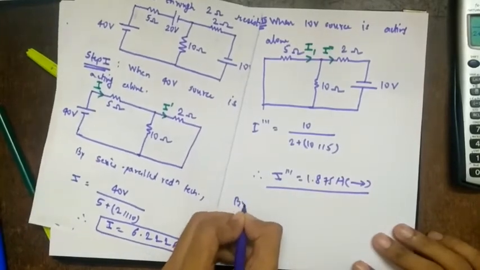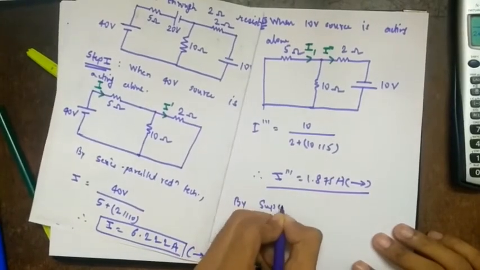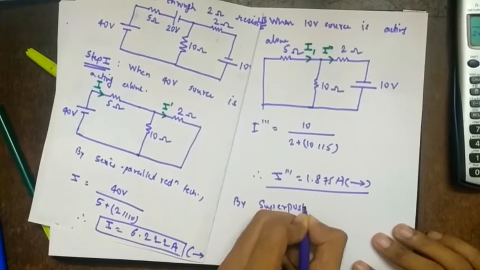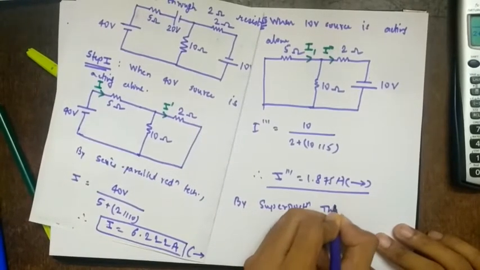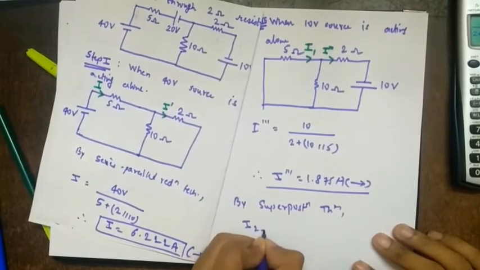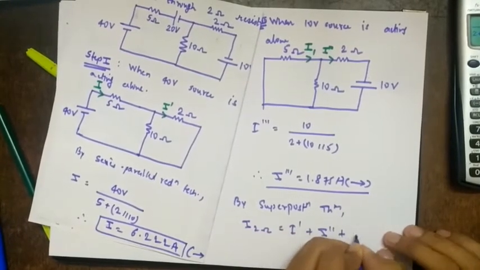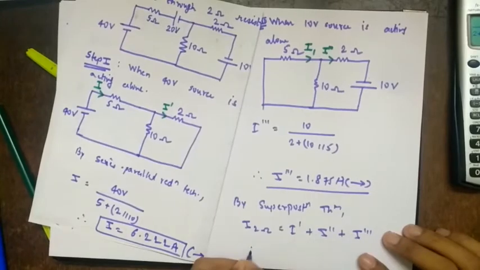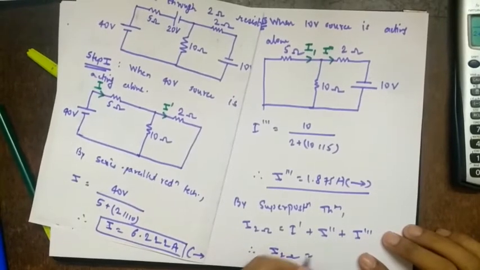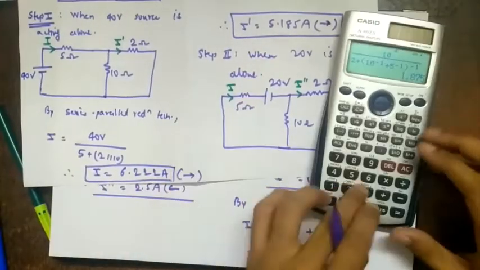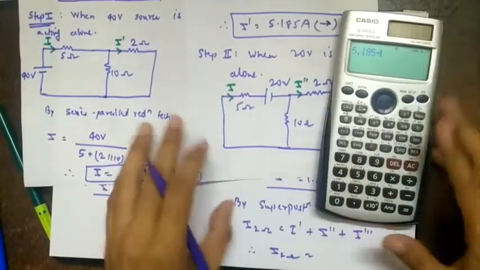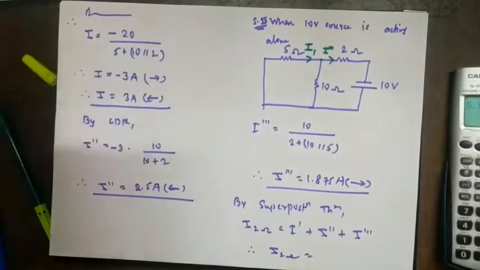This sentence which I am writing now, it carries 1 mark. So by superposition theorem, total current I through 2 ohms, it will be what? I prime plus I double prime plus I triple prime. So therefore I through 2 ohms equal to, so what is I prime? 5.185 plus I double prime.